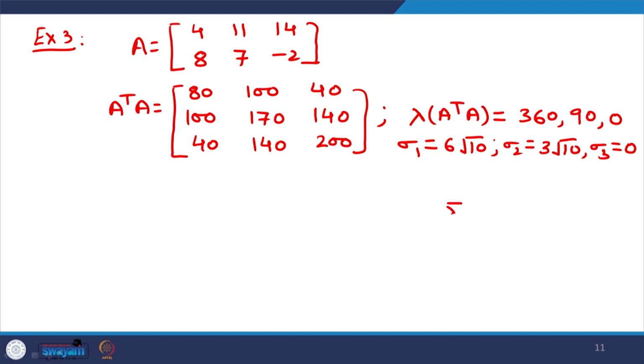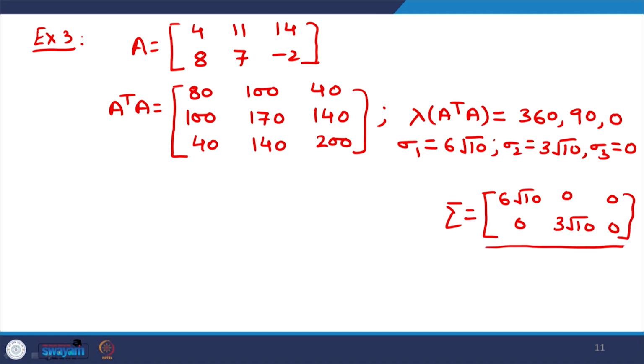So, my matrix sigma is [6 root 10, 0, 0; 0, 3 root 10, 0]. This is sigma. Now, I will calculate the eigenvectors.